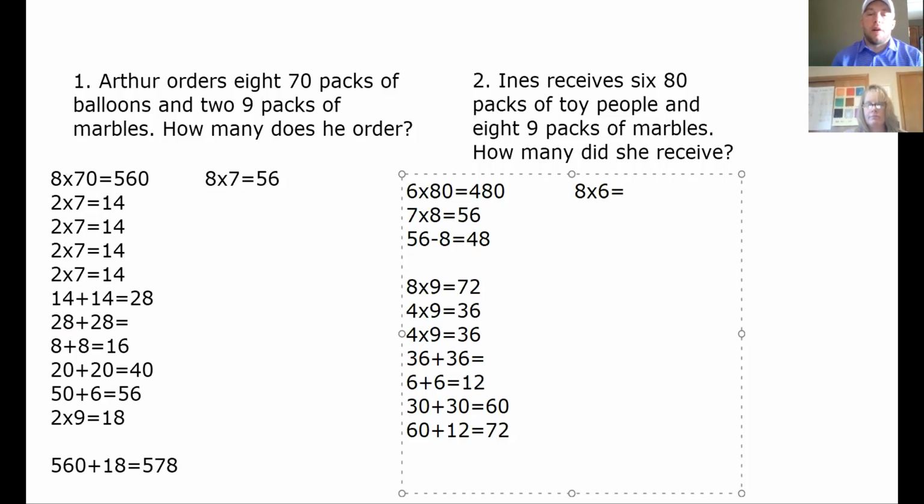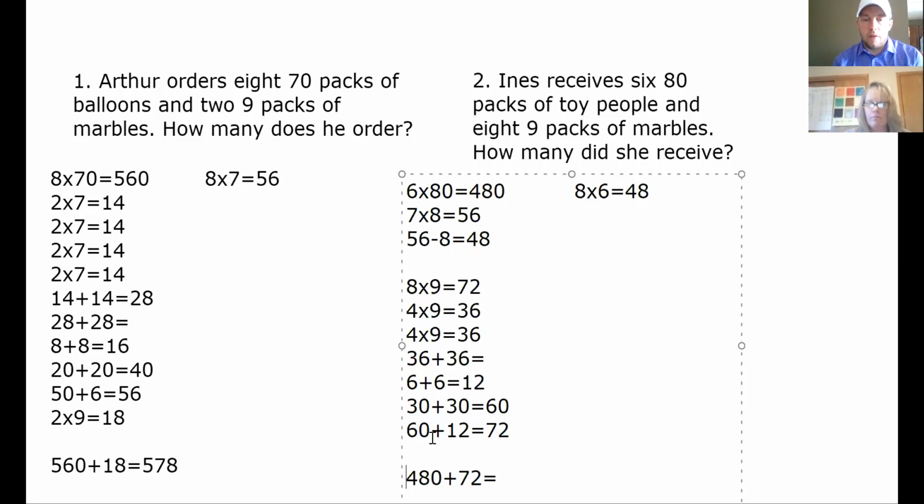So at the end here, I have 480 and I'm adding 72. So now when I add these together, I know from looking at my ones place, we have 0 and a 2. So I know my last number in this equation should end in a 2.